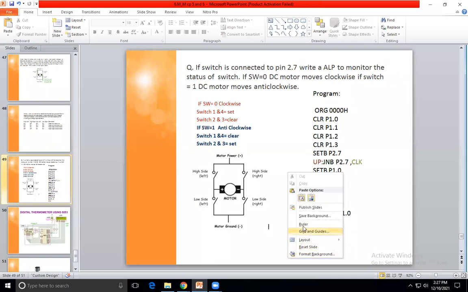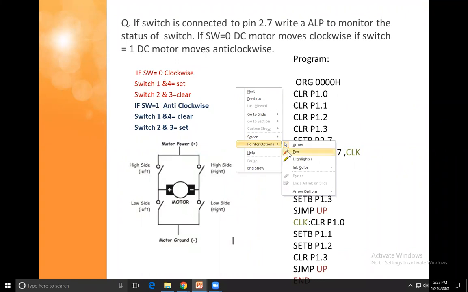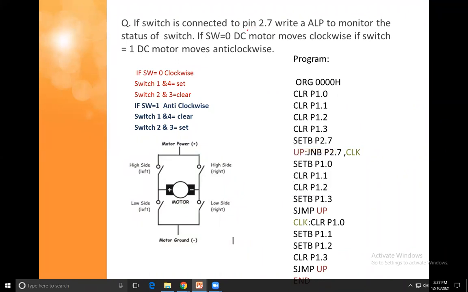The program is: there is one switch at pin 2.7, meaning port 2 pin 7. If the switch is zero, the motor rotates in the clockwise direction, and if the switch is one, it moves in the anti-clockwise direction. This is the clockwise and anti-clockwise discussion.